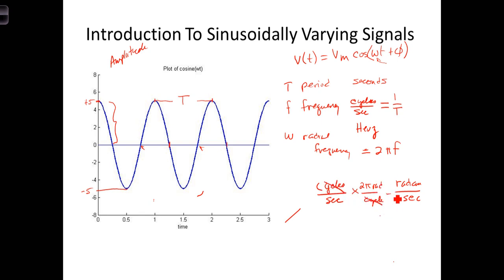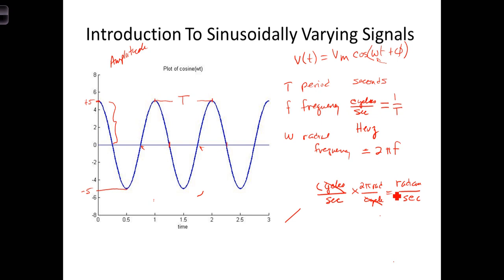Cycles cancel, and we're left with radians per second. So we have amplitude, we have the period T, we have the frequency f, which is the frequency in cycles per second, and we have the frequency omega, which is in radians per second.